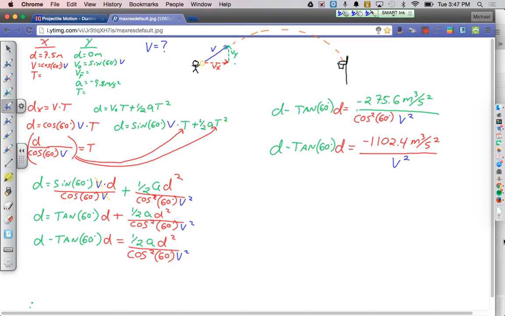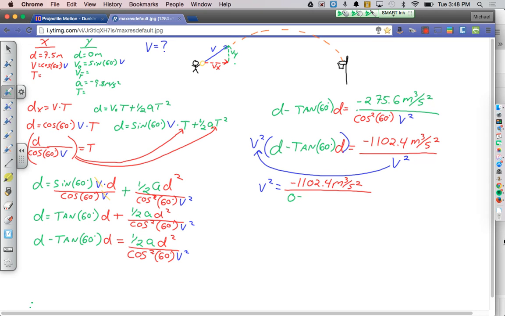Now I've got to rearrange this for v squared. So I'm going to multiply v squared over to the left side, and then divide by the stuff that's in my fraction. What that's going to look like is v squared equals that negative 1,102.4 meters cubed per second squared, all divided by, and if you want at this point you can plug in the numbers, the d in the y direction is just 0.